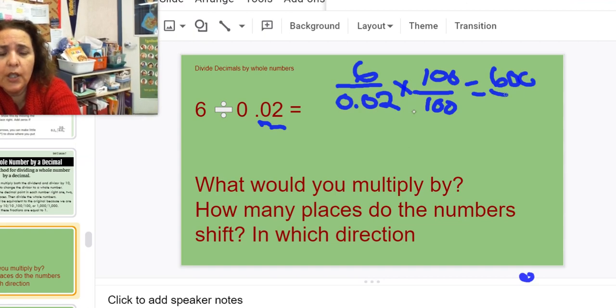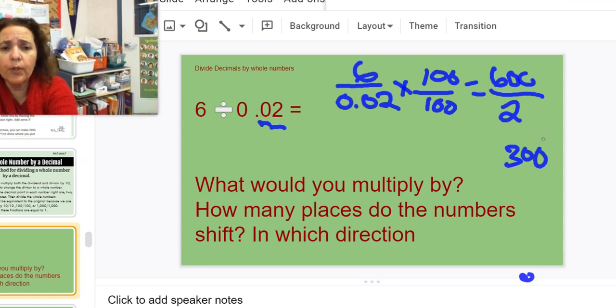And then 2 hundredths times 100, right? 2 zeros, so it's going to shift over 1, 2. So it's 600 divided by 2, which is the same thing as 300. What did we multiply? We multiplied by 100. How many places did the number shift? 2 places and to the left, right?